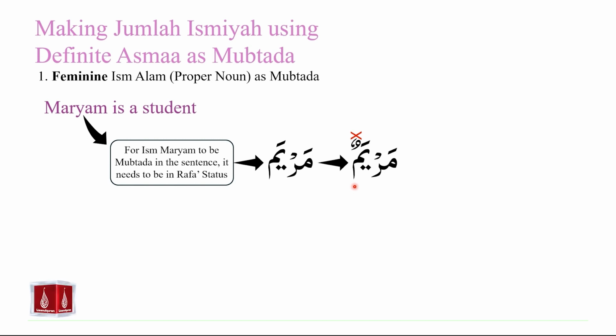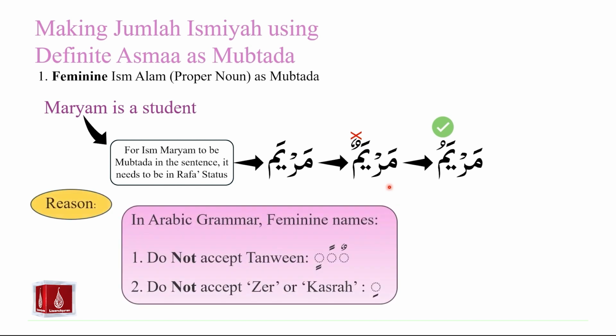The correct way to write Maryam in rafa status is Maryamu. So in the case of Maryam, we are not adding double pesh at the end of the ism. Rather, we are only adding a single pesh at the end of the ism. So the rafa status of Maryam is indicated as Maryamu and not as Maryamun. Why is that the case?